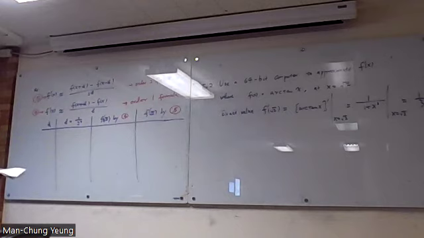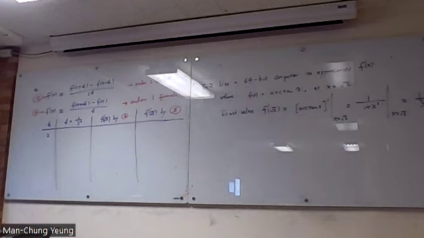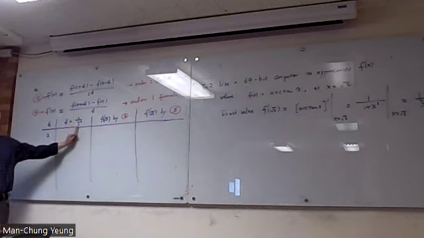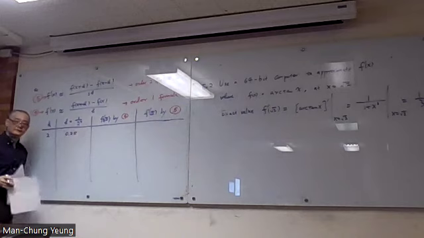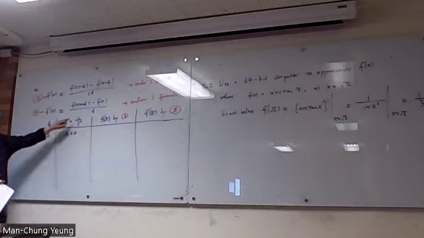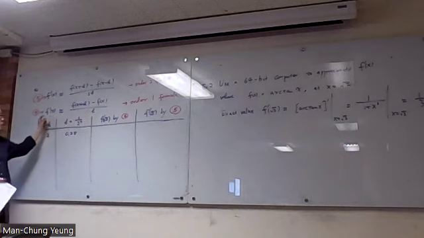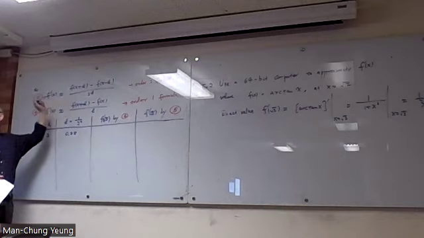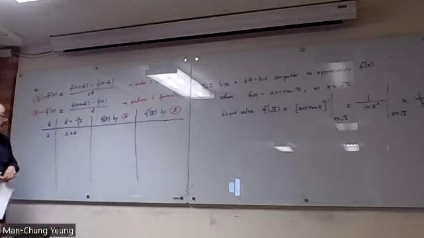Now I pick 2 for K. When K is 2, H is 1 over 4, 0.25. Theoretically, as H approaches 0, the right side will approach the left side, more and more accurate as H is decreasing.